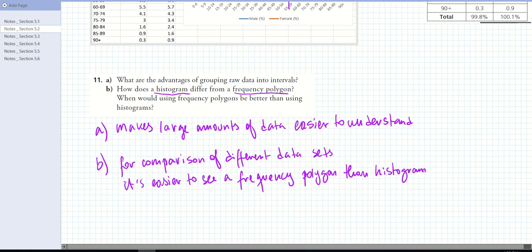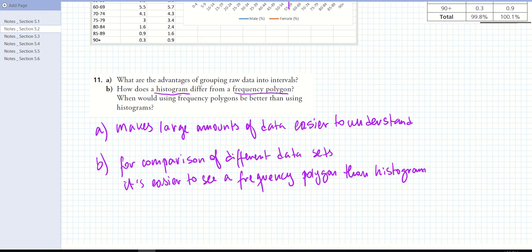Okay? Because again, histograms are kind of like bar graphs. They're going to be laying on top of each other and preventing you from seeing the differences. So whenever we have to compare multiple data sets, 2 or more, then a frequency polygon is going to be easier to see than a histogram.